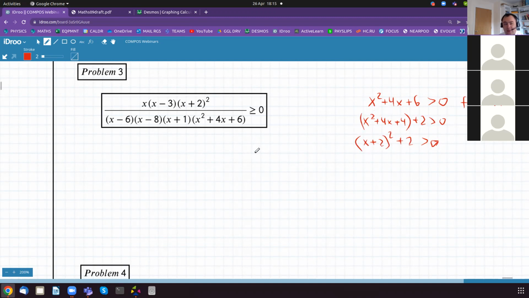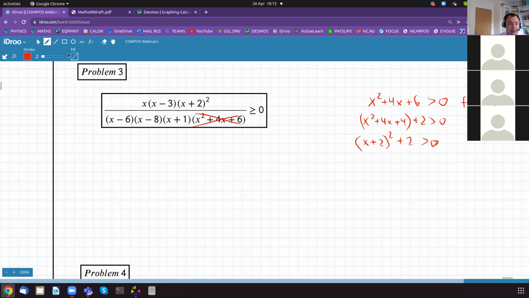A positive number in the denominator cannot affect whether something is greater or less than 0. This has no effect on the whole function, so we simply forget about it.